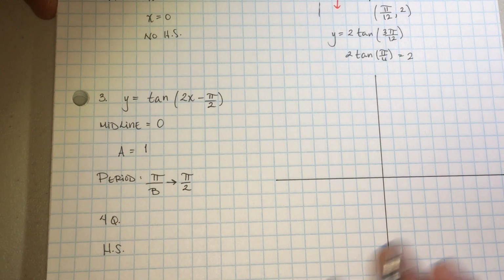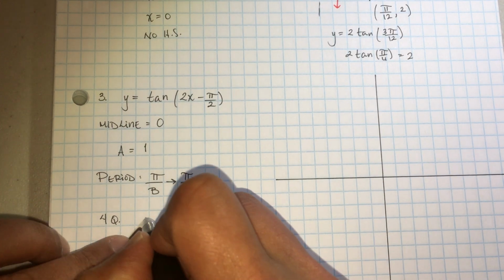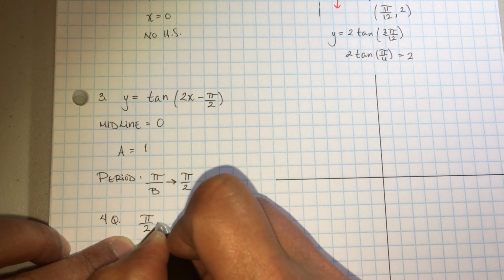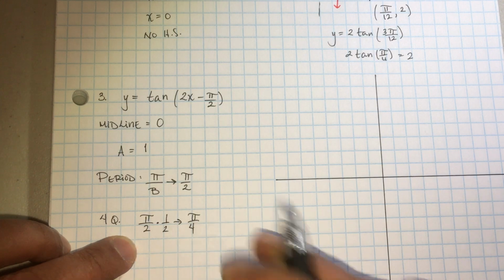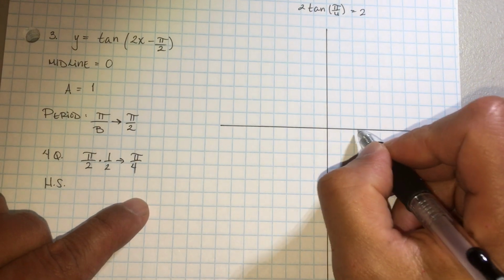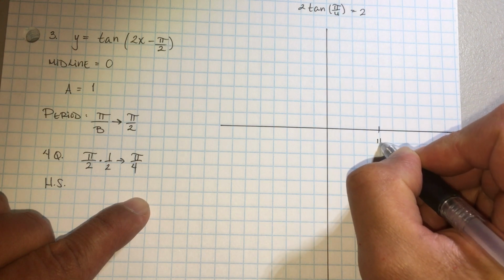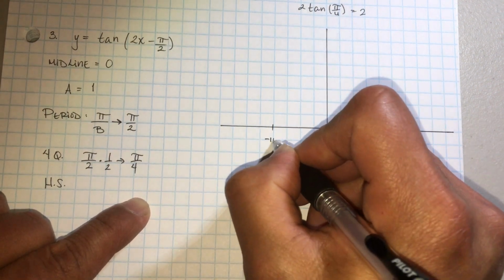All right. So now, remember, we're not going to divide by 4. We're going to cut it in half. So pi over 2. Multiply that by 1/2. That's going to give us pi over 4. All right, cool. That means 1, 2, 3, 4. This means pi over 4 here. 1, 2, 3, 4. Negative pi over 4 here.